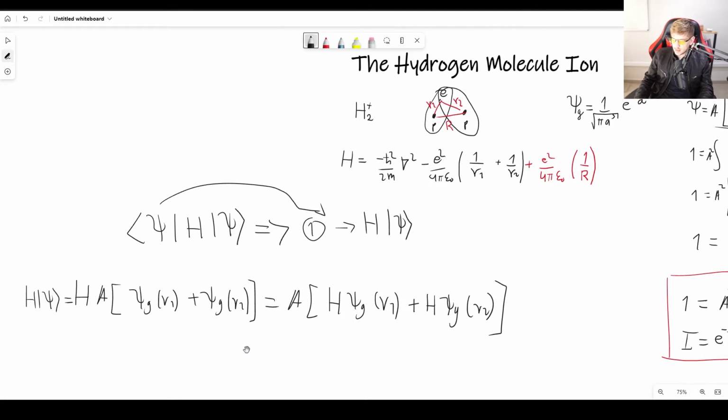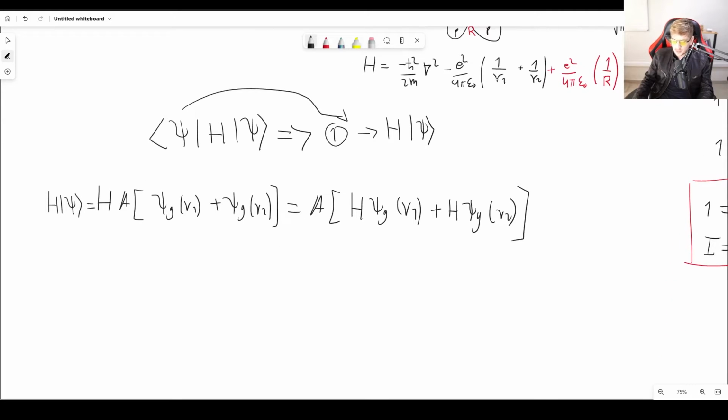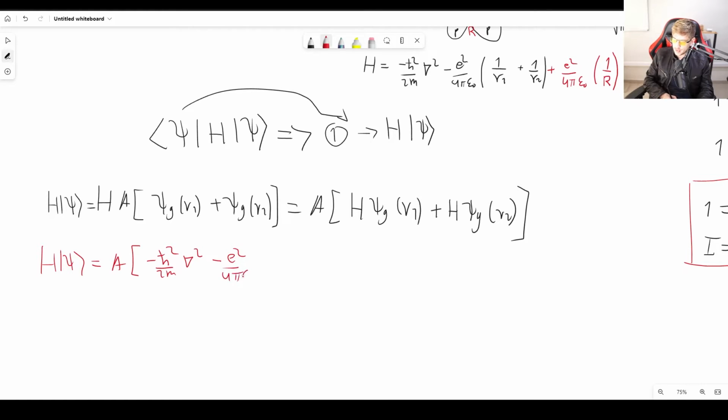Okay, let's put the value of h in here. Let's write it everything here. So h ket will be the constant a times, now we have minus h bar squared over 2m del squared, and then we get minus e squared over 4 pi epsilon 0 times 1 over r1. Well, of course, there's also the 1 over r2 part.